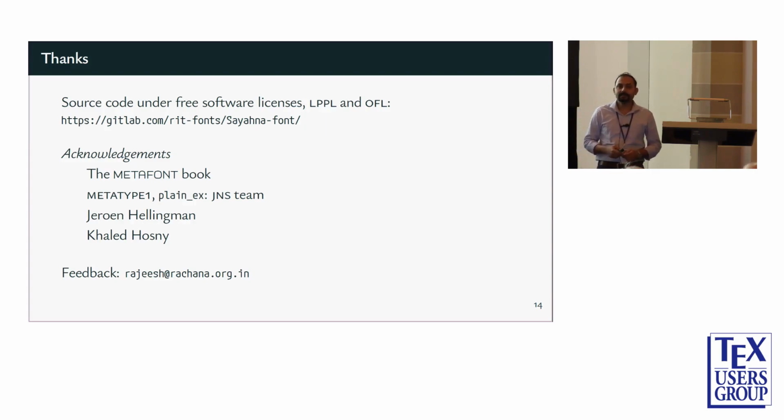And in 1991, Jeroen Hellingman already developed a Malayalam typeface in Metafont, but I think it's a reformed script, not the comprehensive script, and we also referred to his documentation while learning it. And of course, Khaled Hosni for licensing his build script, open licensing, and allowing us to reuse parts of it.